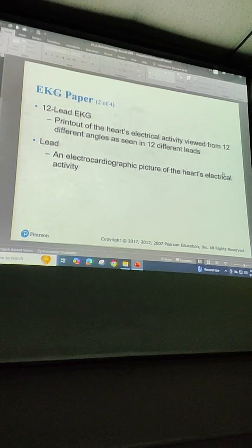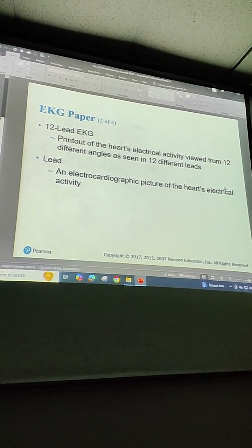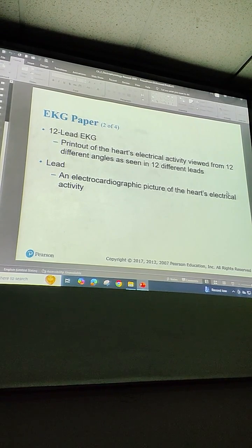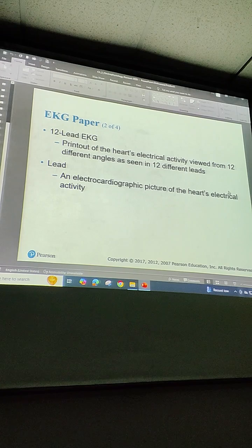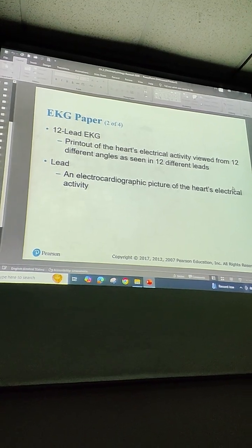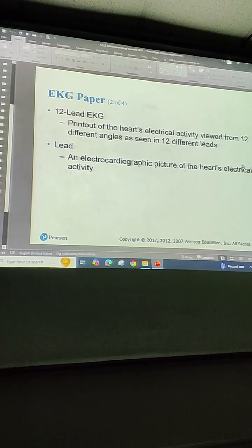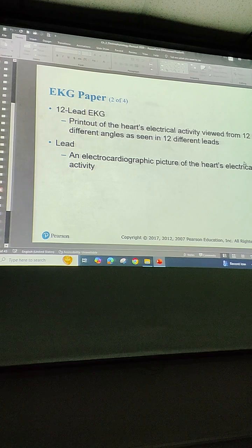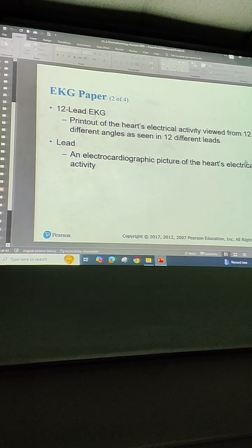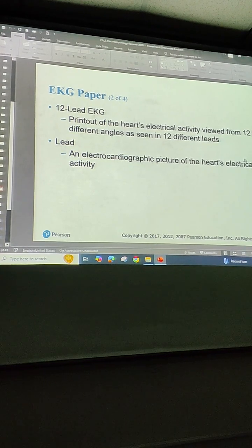We are going to collect electrical impulses from the top, from the bottom, from the right side, left side, from the back, the front, everywhere. It's like taking pictures of the heart with a camera from 12 different locations. That's what is called the 12 leads EKG.